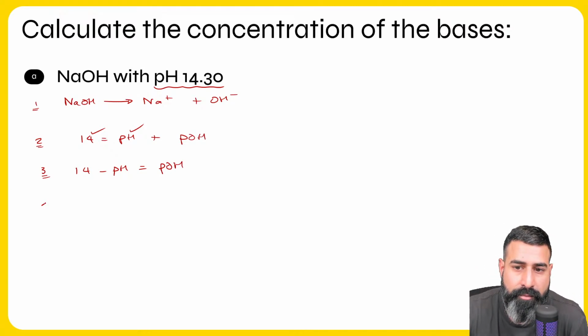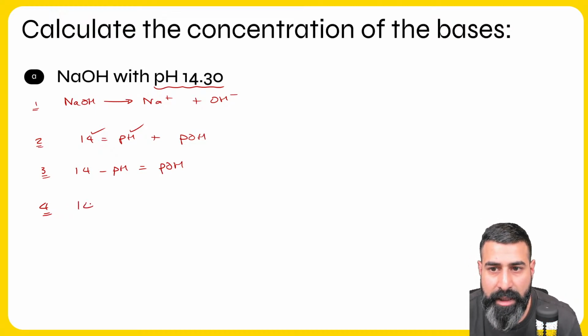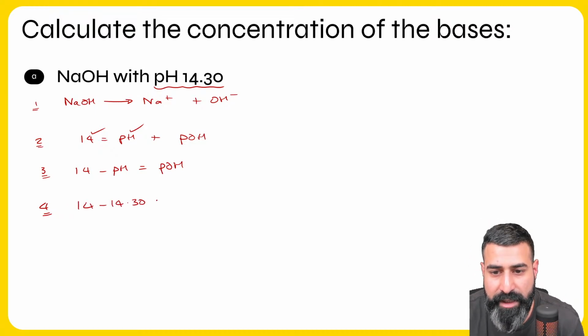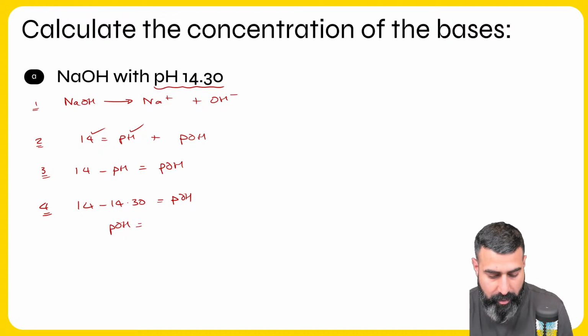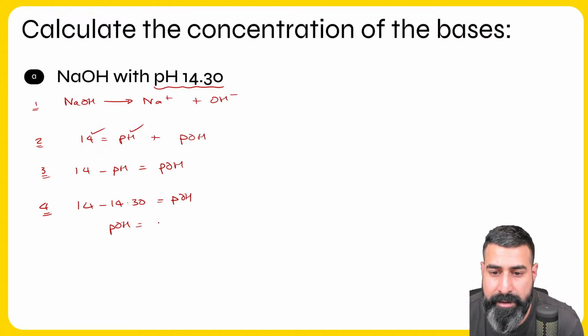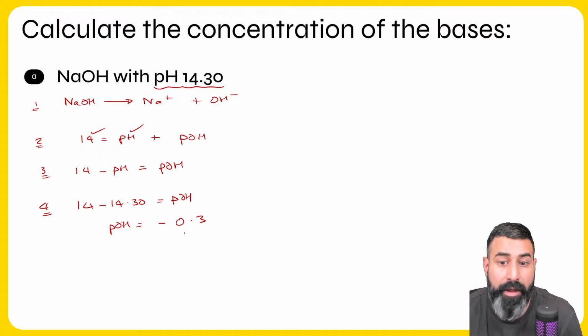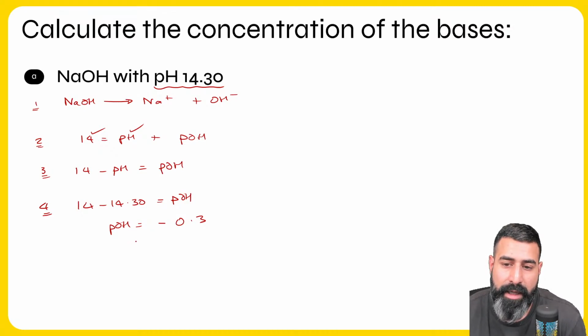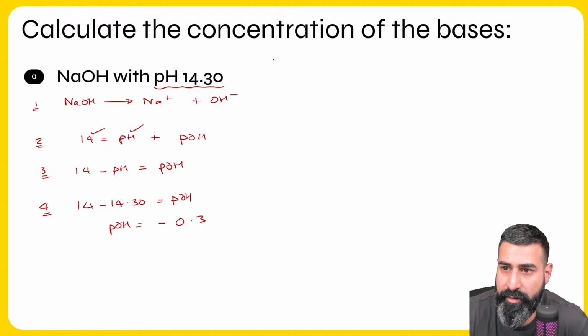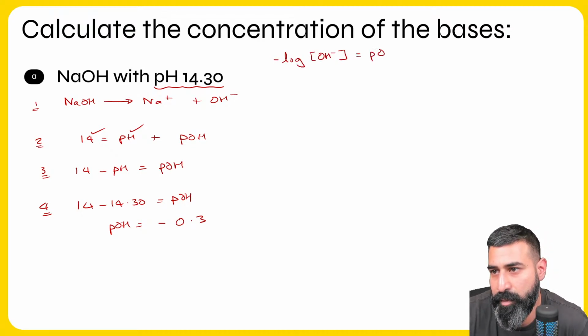So let's do that. If we do 14, take away 14.30, that's going to give me the pOH. So pOH is equal to minus 0.3. Okay, good. So how do we actually work out the hydroxide ion concentration? I'll do this just as a reminder: the negative log of the hydroxide ion concentration is equal to pOH.